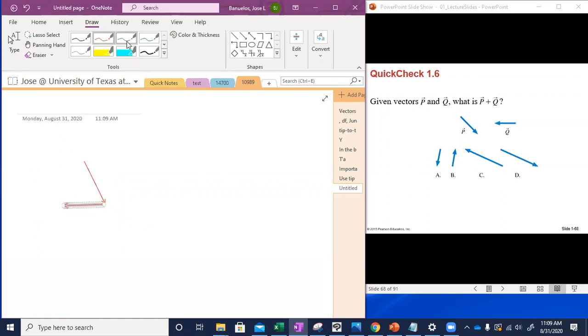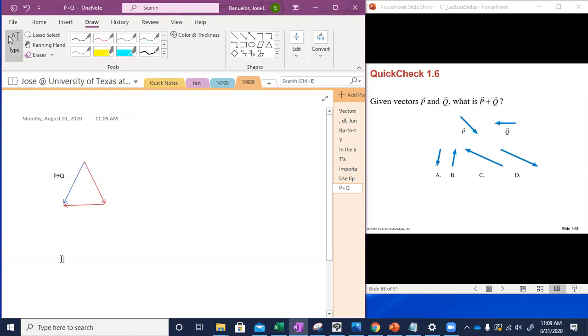Then your answer is the vector that connects where you started, up here, to where you ended up for Q, down at the bottom. This blue arrow that I've drawn is the sum of the vectors P plus Q.